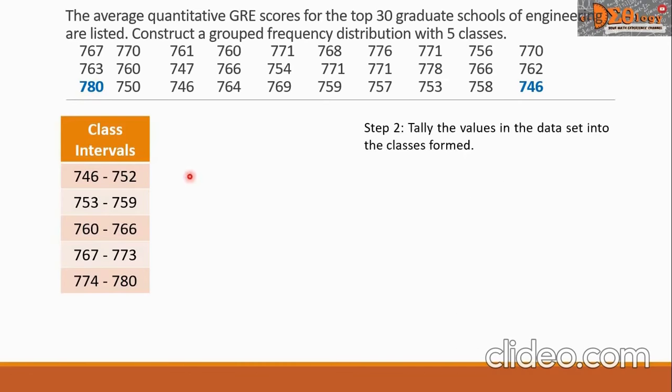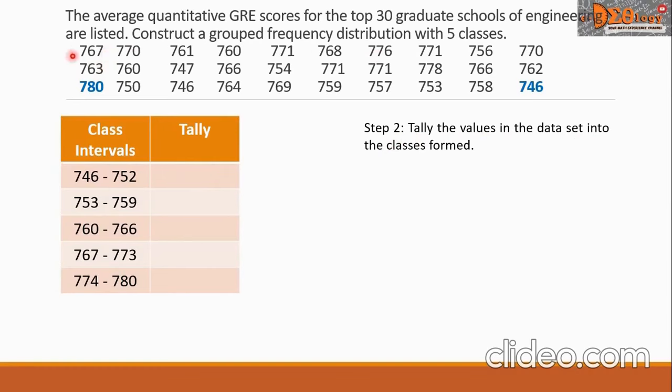Next, we will go now to step 2, and this is to tally the values in the data set into the classes. We need a column for tally. So what we're going to do is to go through each of the data. We will tally them according to their respective classes.